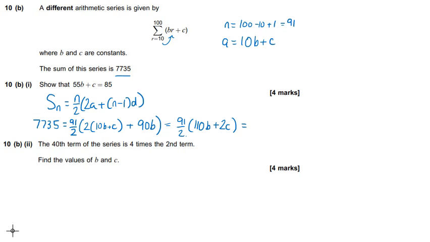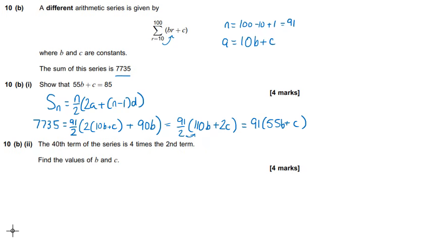Bring the half here, bring that inside. So 110 over 2 is 55, and 2 over 2 is 1. Okay, so just multiplying that through. So all we need, hopefully, oops, sorry, I've missed a b off there, that's disappeared.